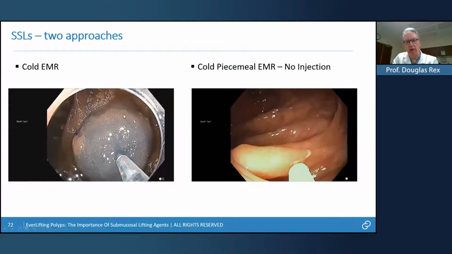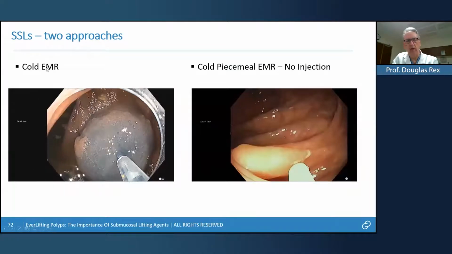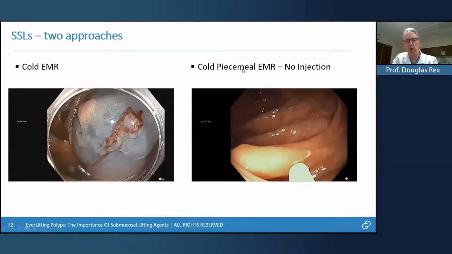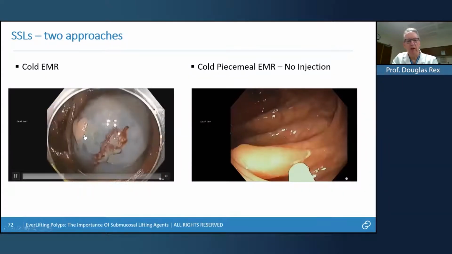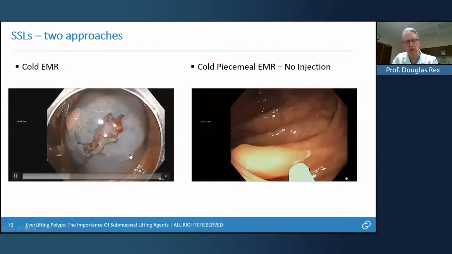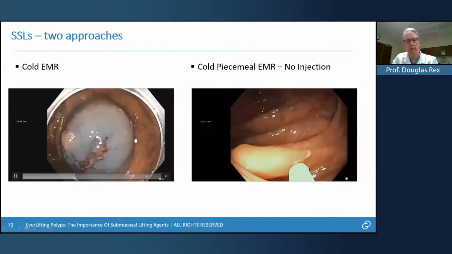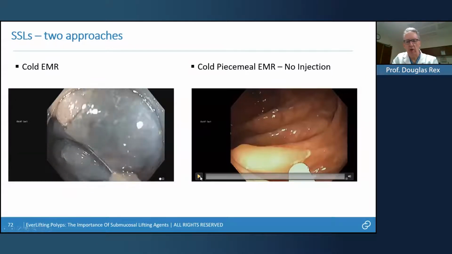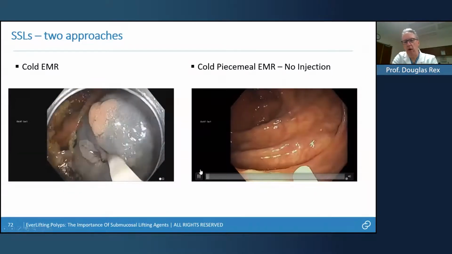We don't have a randomized controlled trial comparing cold EMR, meaning inject and resect, to just cold piecemeal without injection. One advantage of injection is it gives you a very clear picture of the border of the lesion. But the other alternative is to just go at it with a snare.